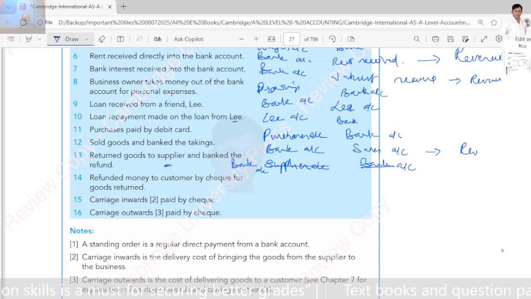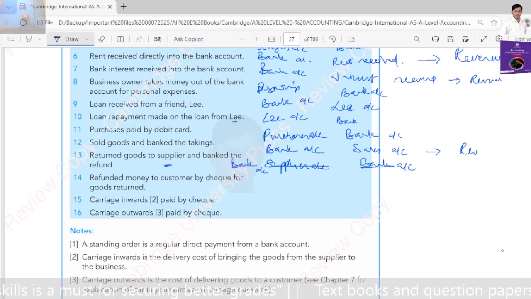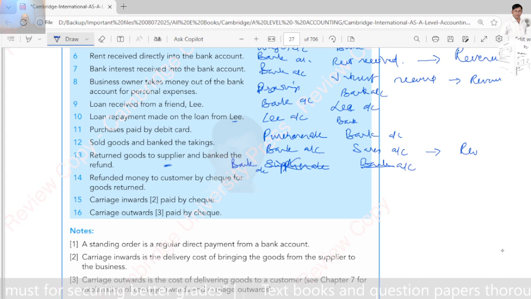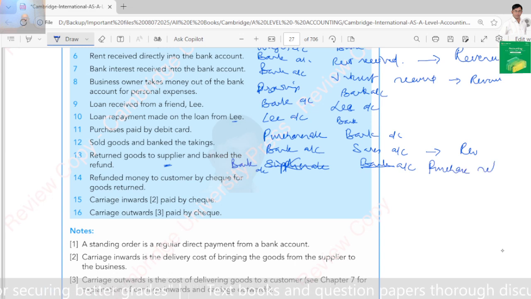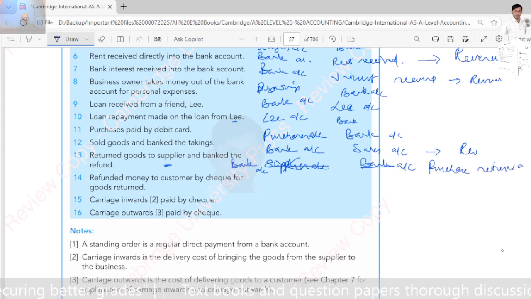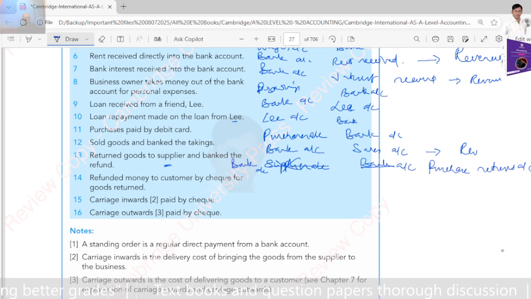It is purchase returns, not supplier. This is not relevant. It is purchase returns account.